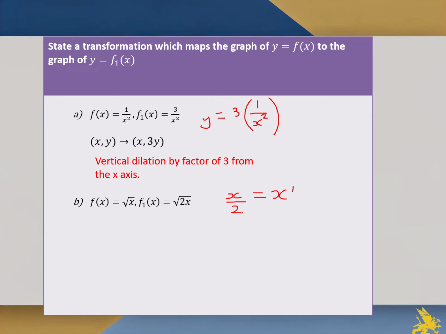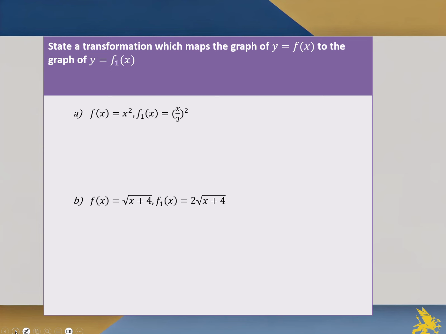So this part is going to help us out on the next part where we're looking at what that looks like. So now, after we've done this, I'm just going to write down what's actually occurring, and we do have a horizontal compression of factor of 2 from the y-axis.